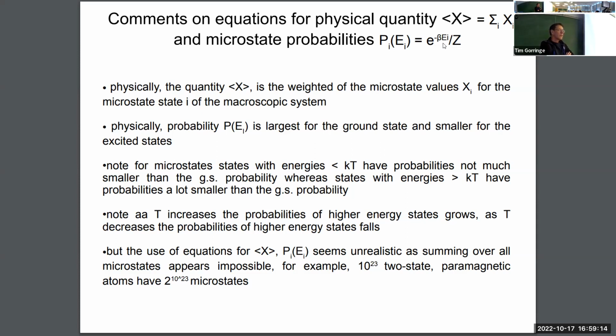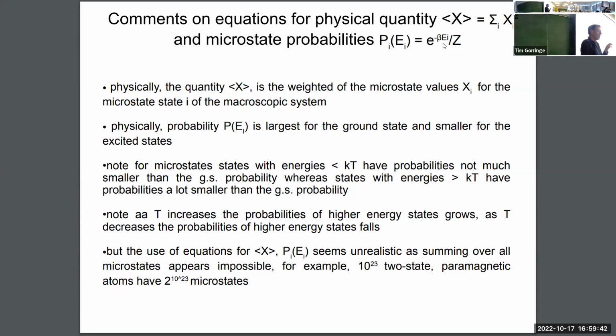If you had any reasonable number of gas atoms, supposing even 100 gas atoms, like 100 coins, that's a sum over the microstates. For 100 coins, it was more than 10 to the 30 different microstates.